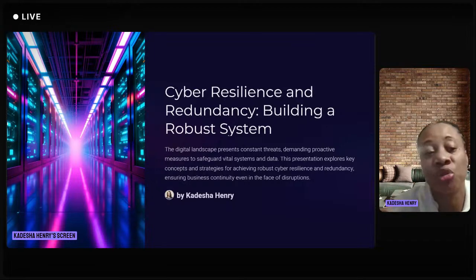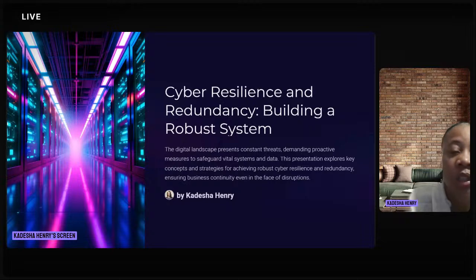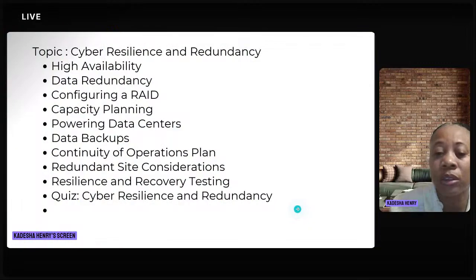We want to make sure that whatever we are facing, we have the backbone, the strategy in place to allow our operation to continue even though there's a threat, even though there's a disaster. So we have to put plans in place that will help us to gain that, okay?